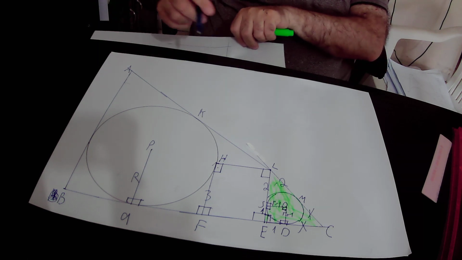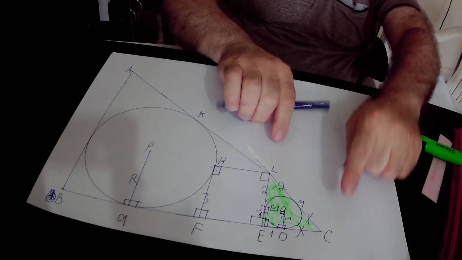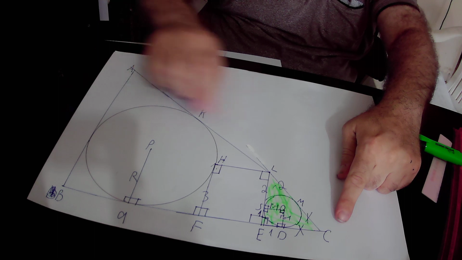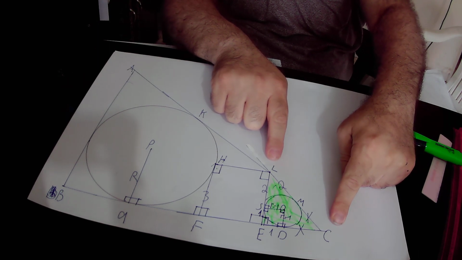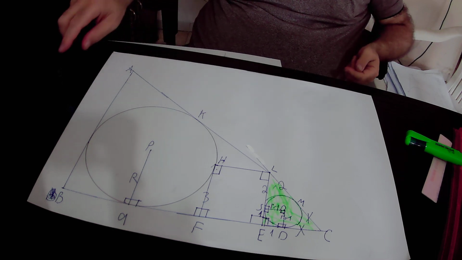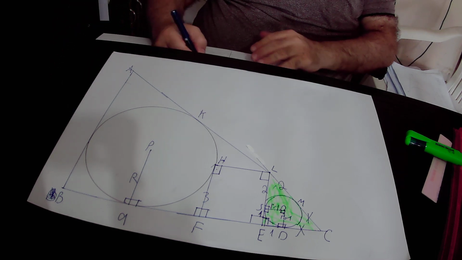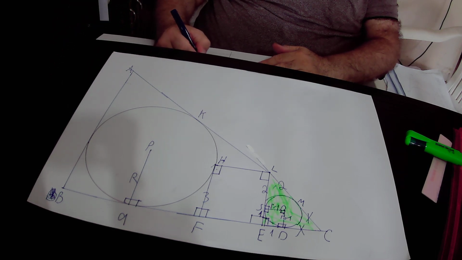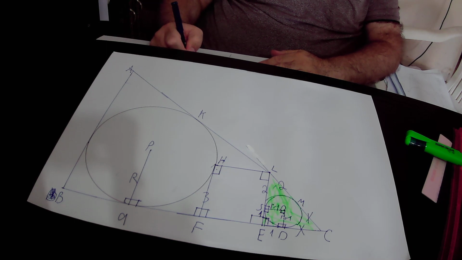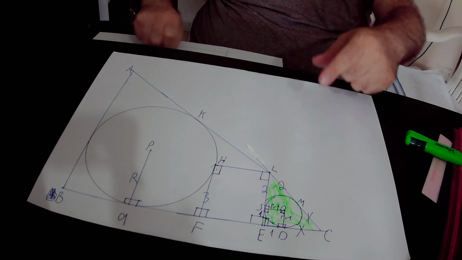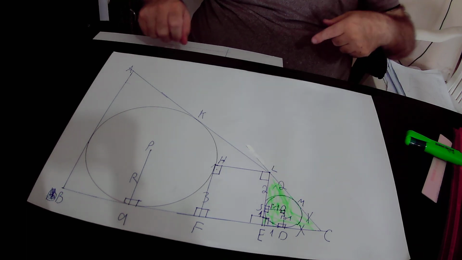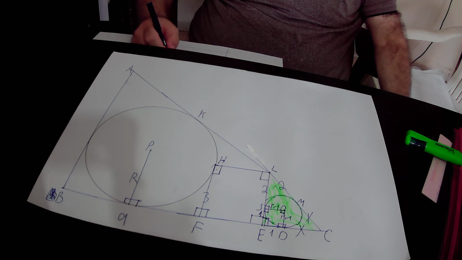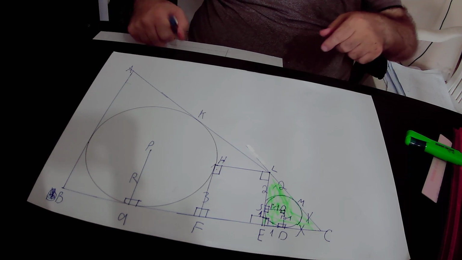So what is the value of LC? It is very easy to see from the drawing that the value of LC is 2 plus x. So if LC equals 2 plus x, then LC squared will be equal to (2 plus x) squared. And it is equal to LE squared. LE equals 2 plus 1, that is 3. So LE squared will be equal to 3 squared, that is 9, plus EC squared.